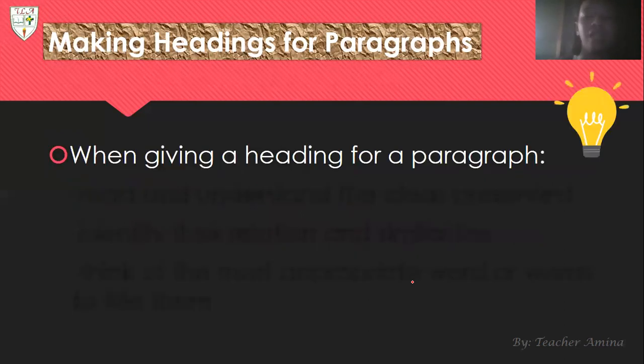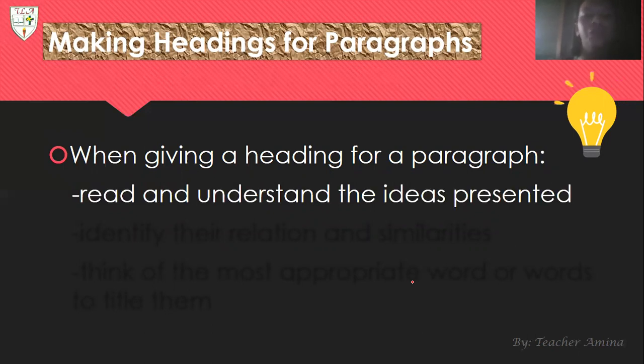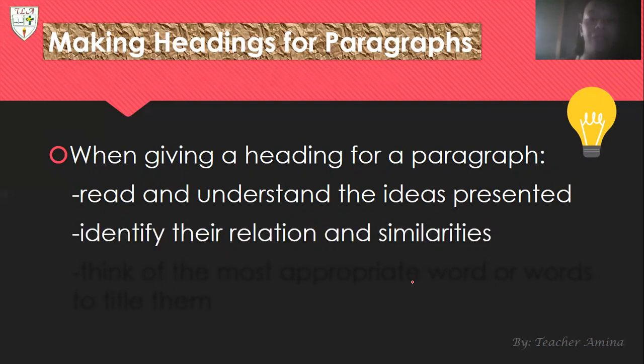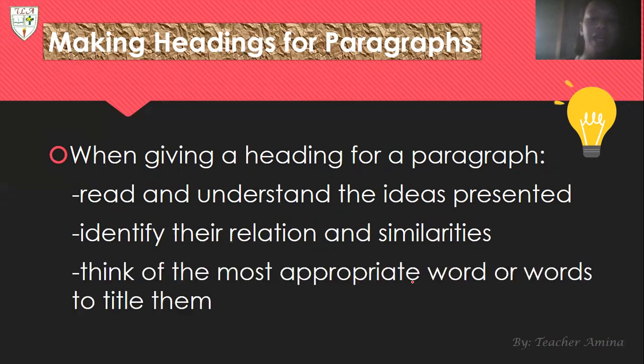When giving a heading for a paragraph, you need to think of three things. First is to read and understand the ideas presented. Then we have to identify their relation and similarities. And lastly, you have to think of the most appropriate word or words to title them.